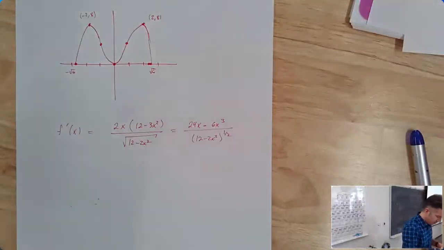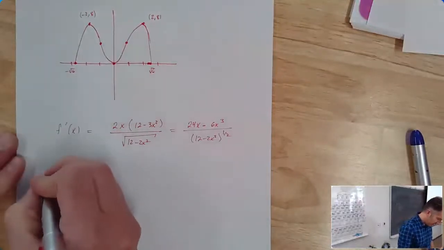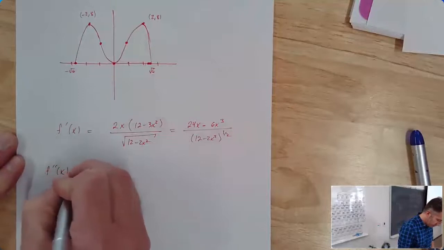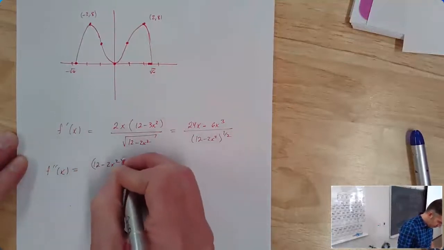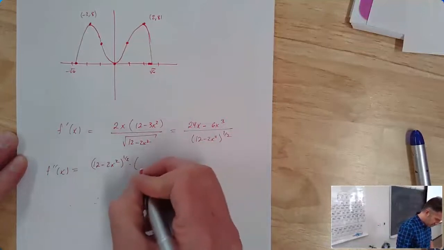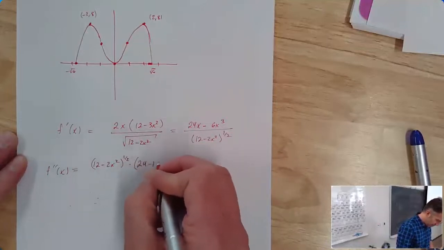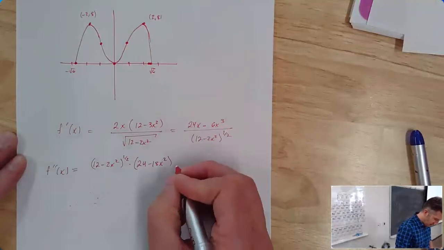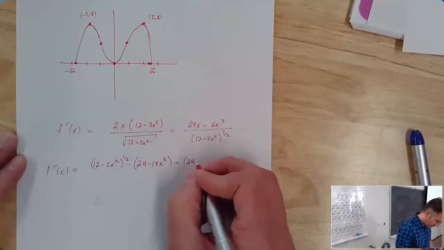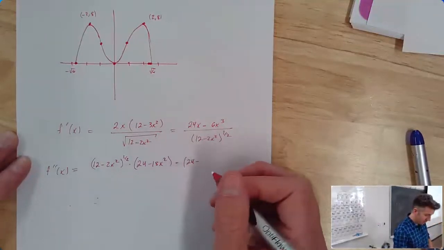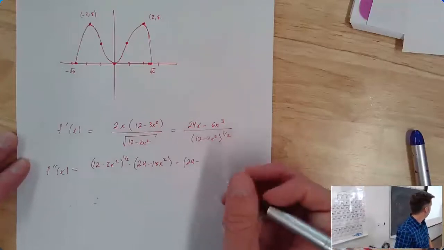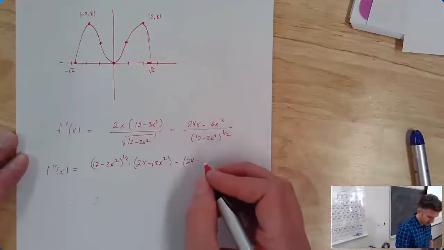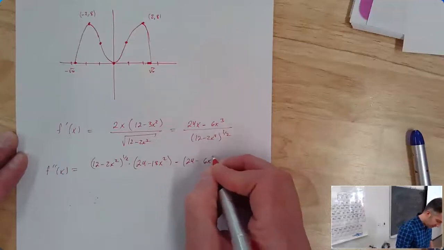So then my second derivative is not going to be very nice. It's going to be the bottom times the derivative of the top, which is going to be 24 minus 18x squared, minus the top. Now, if I'd been smarter about this, I would have factored out a 6 before I even got going. But I didn't. It's too late now. I mean, I can start over, but it's fine. We'll factor out a 6 in a second.